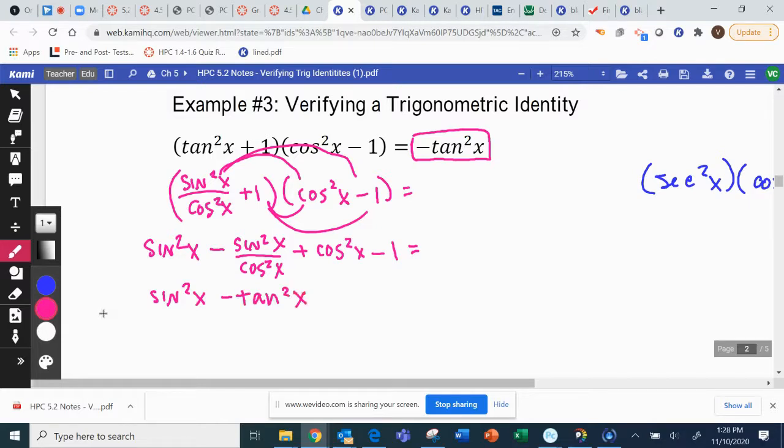Aren't we trying to get minus tangent squared x? Almost wrote a 0 again. Sorry. This is what we're trying to get right here. I'm going to box it in, but I'm going to erase it. That's what we're trying to get. Emily, do you see something?